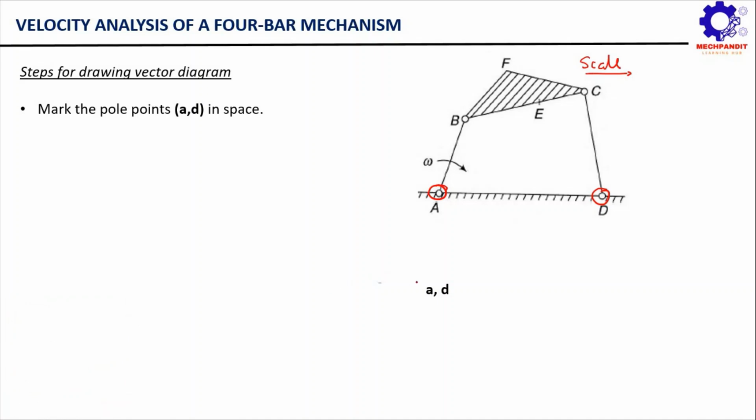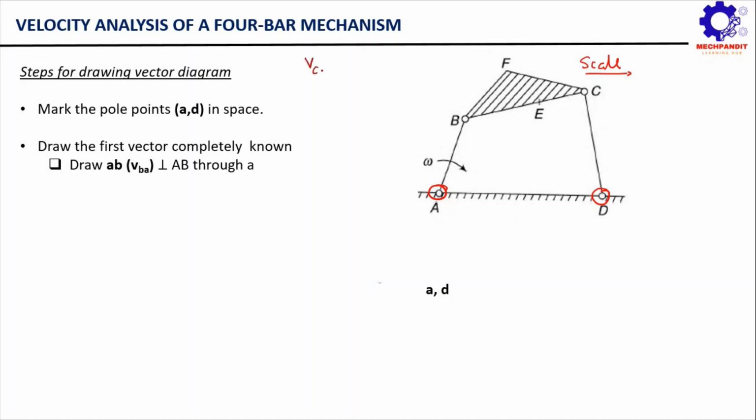Now after marking this point A comma D somewhere in the space, let's see what is the next step. The next step is to draw the vector which is completely known. Here the vector equation becomes very useful to us. So on one side of your copy, you just write down the vector equation quickly.